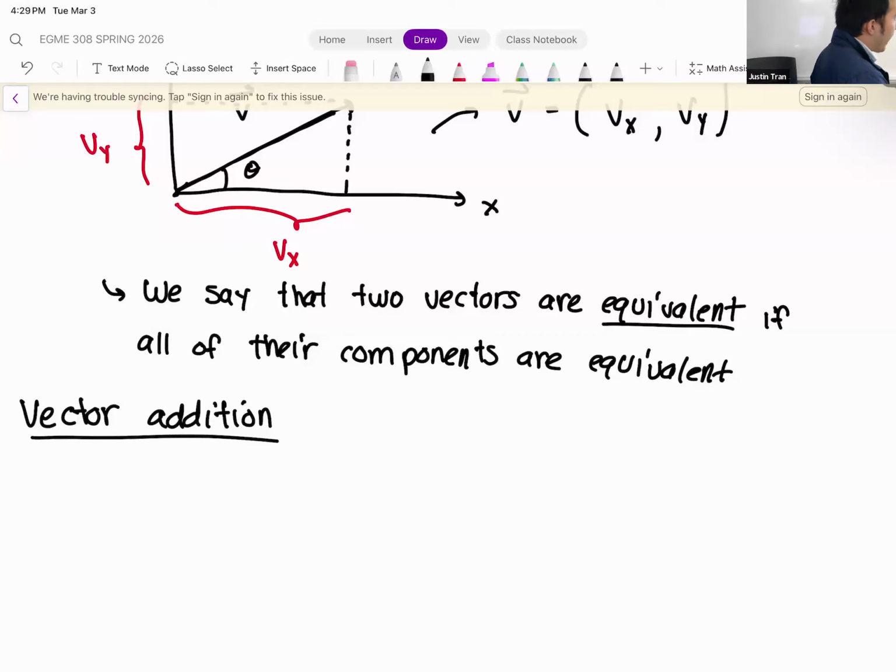So two vectors can be added to each other. The way we do that is we simply add each of their individual components together.